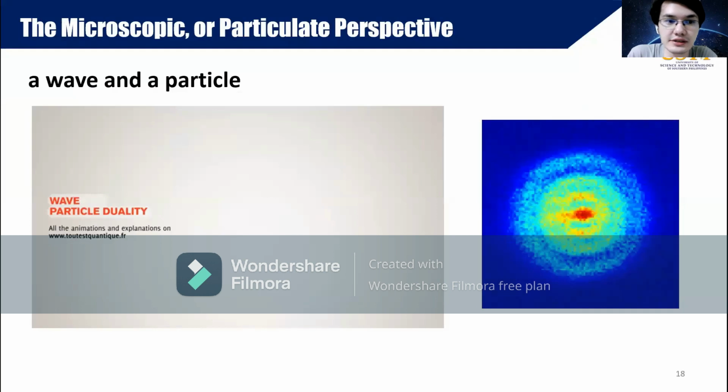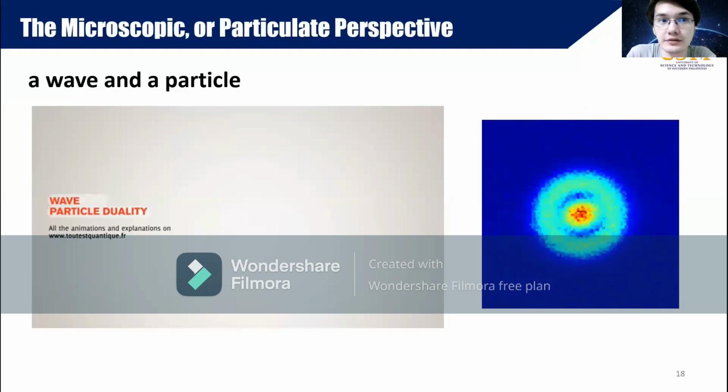So our electrons exist as a wave and a particle at the same time.